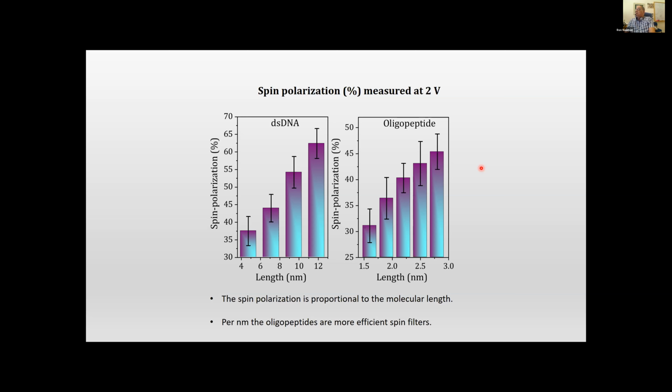This work was done in Münster by the group of Zacharias, and they find the same order of magnitude of spin polarization. So it's quite amazing that independent of whether the electron is bound to the molecules or not, we get about the same magnitude of spin polarization.